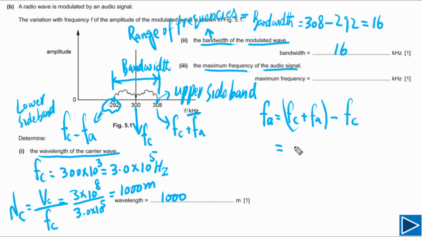So simply 308 minus 300, and our final answer is 8 kilohertz. This is the maximum frequency of the information signal.